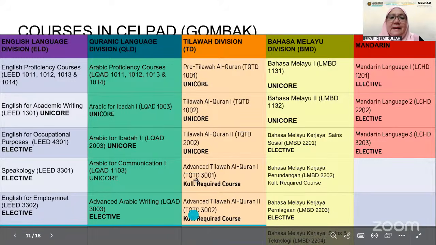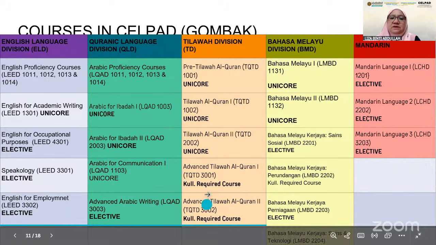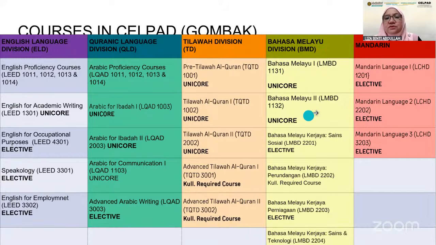All right. And we also have advanced tilawah Al-Quran 1 and also 2. This one is for kulliyyah of Islamic Revealed Knowledge, for those who are doing Arabic courses. So this one also you find out which one that you can take. And then for Bahasa Melayu, Bahasa Melayu 1 and 2 are for the students who do not have the competency in Bahasa Melayu.